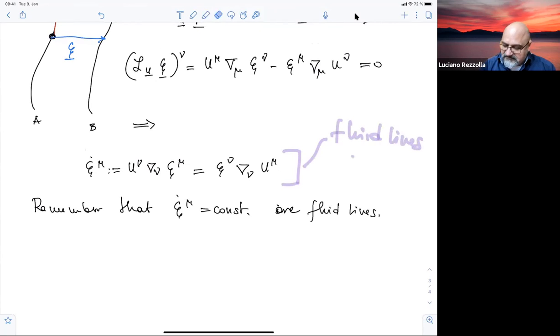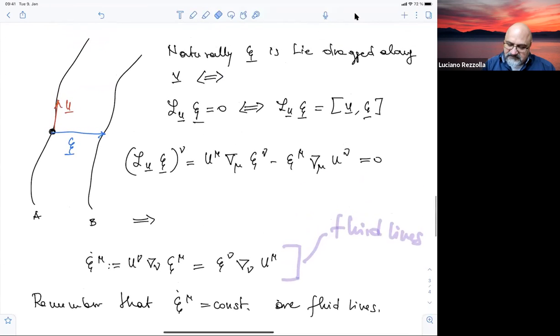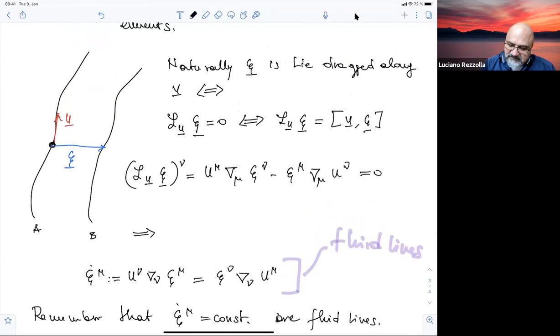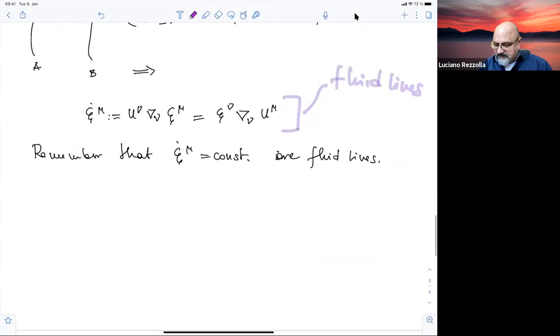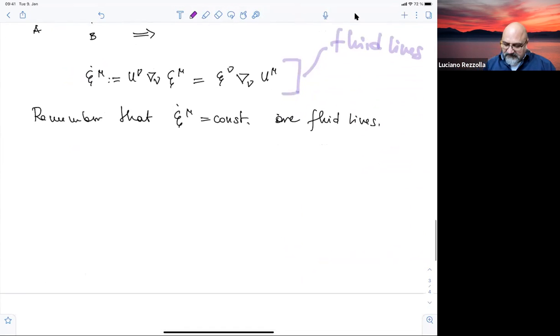Fluid lines, I recall, are these objects which I've just drawn here. These are the world lines of fluid elements. A world line is the trajectory in space-time of a particle.